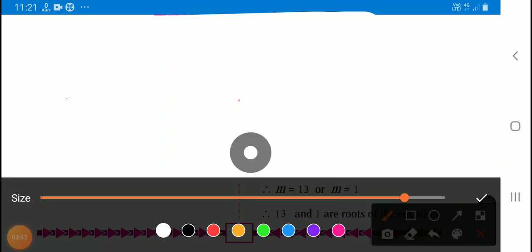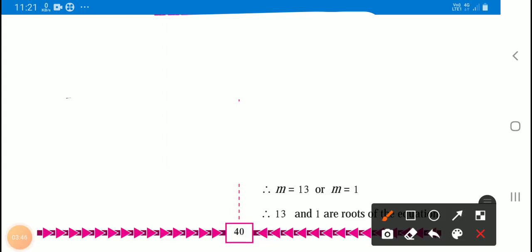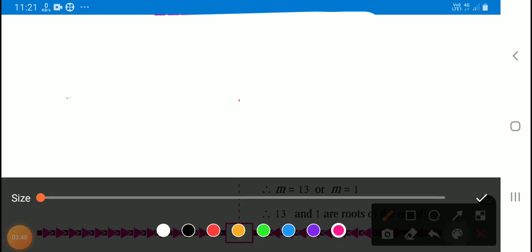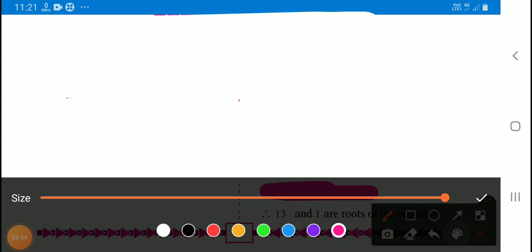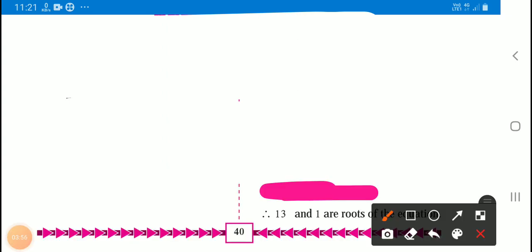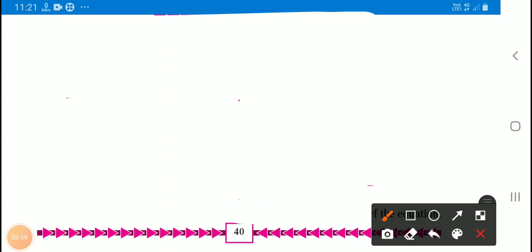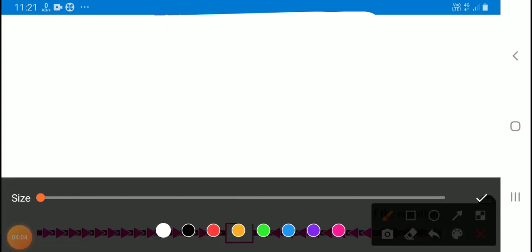I will make first some place to solve the example. Now I will write the example here.